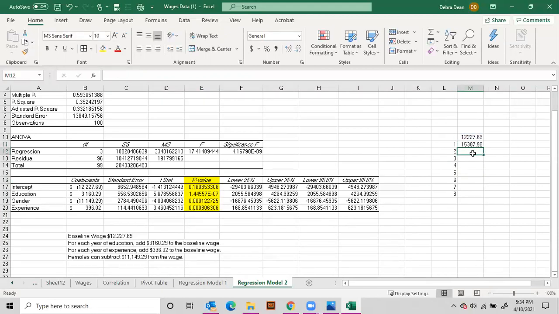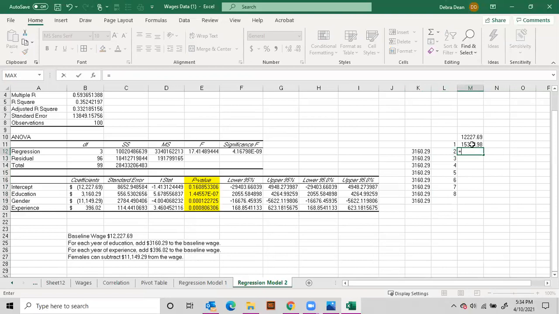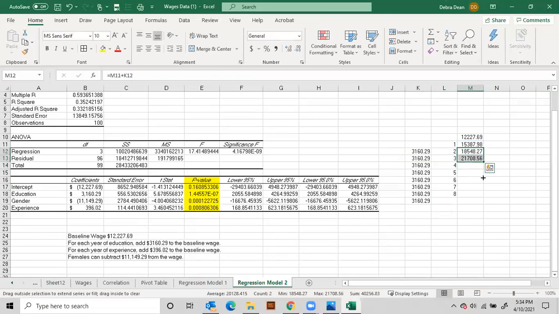So each year it will add, and an easy way to do that is to just do the mathematical formula this way. So each year I'm going to do equals the previous year's salary plus the new amount. And then once you have that in here, you can drag it down as your formula.